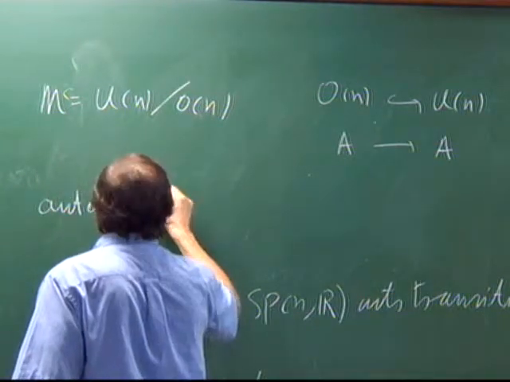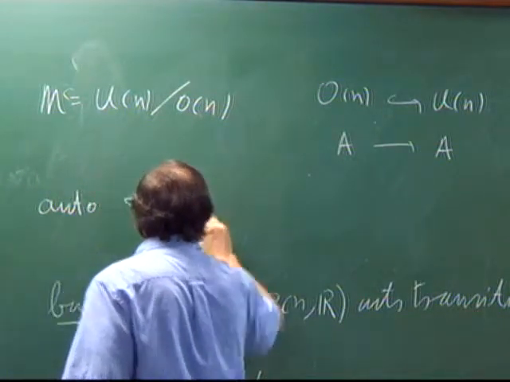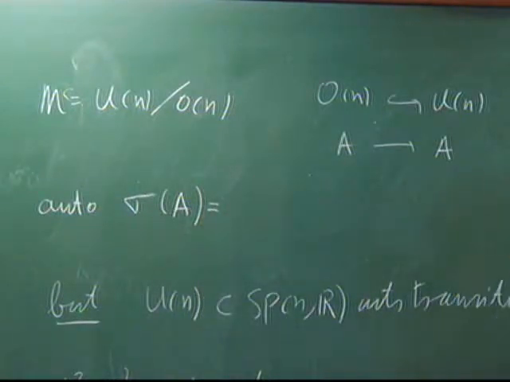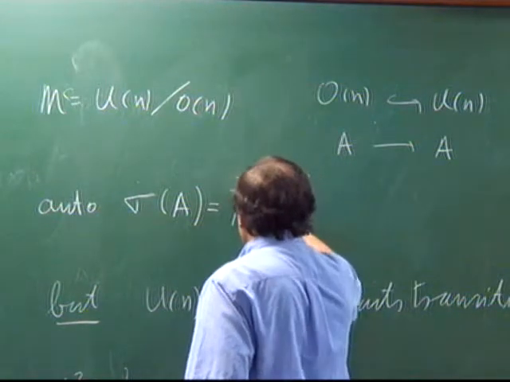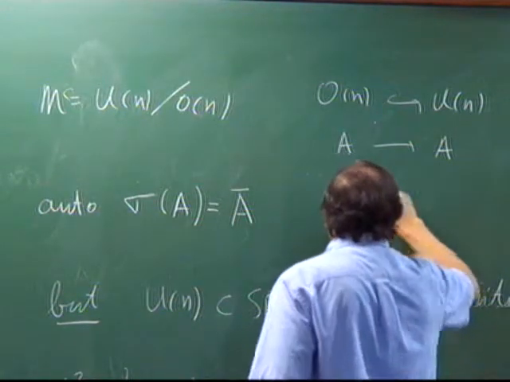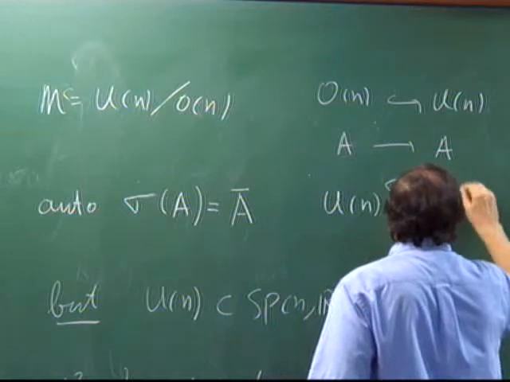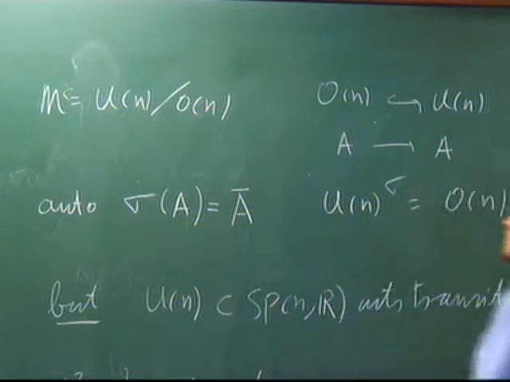I claim it's clear what it should be. I want the things in sigma that fix something to be ON. So it's a real matrix inside the complex matrices. So it's conjugation. So it's a symmetric space.